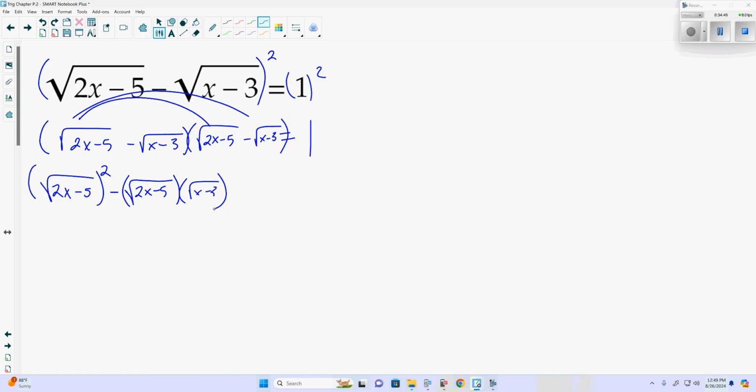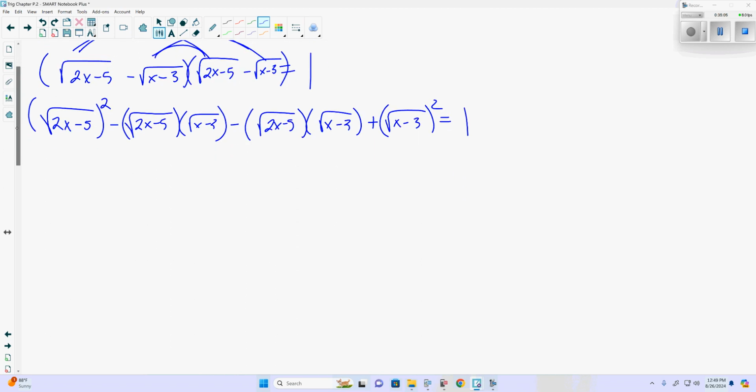I just moved the negative out front. And then we'd have also the same going the other direction here. Those would cancel. Those would cancel.